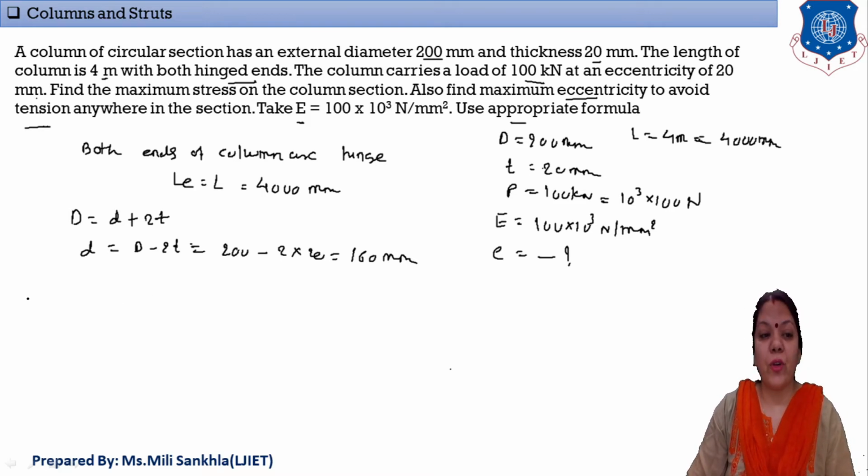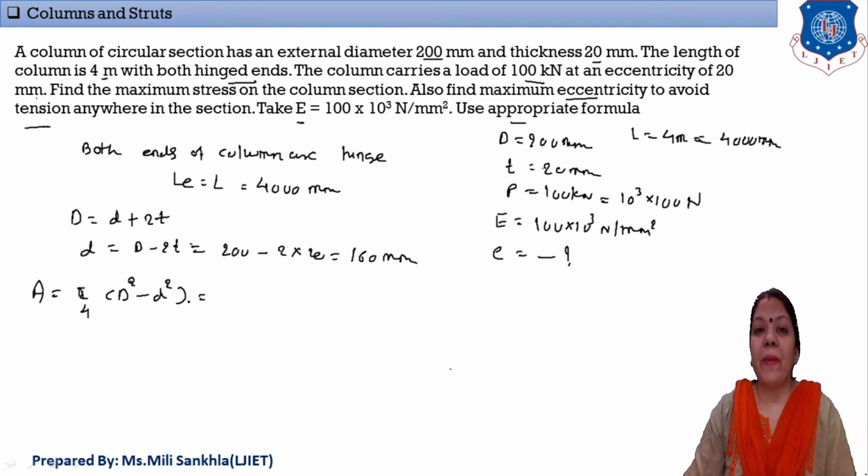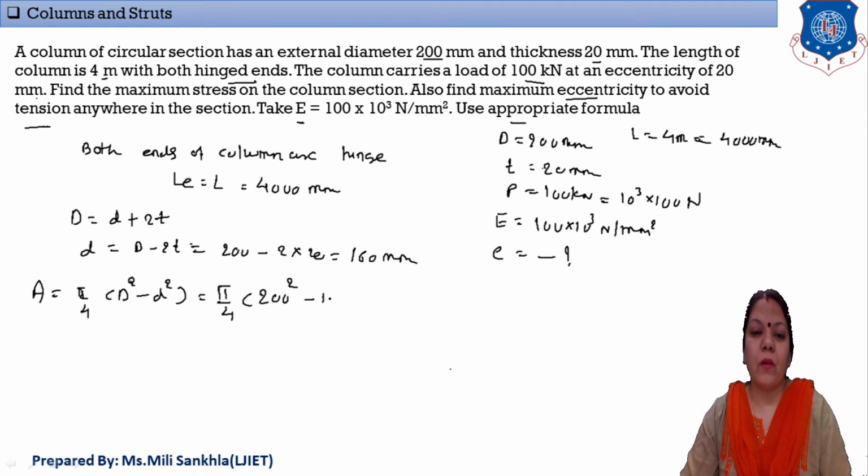First we find the area. Write down here, area is equal to pi by 4 into capital D square minus small d square. Put the values of capital D and small d: pi by 4 into 200 square minus 160 square, and the answer for this area is 11,309.73 mm square.